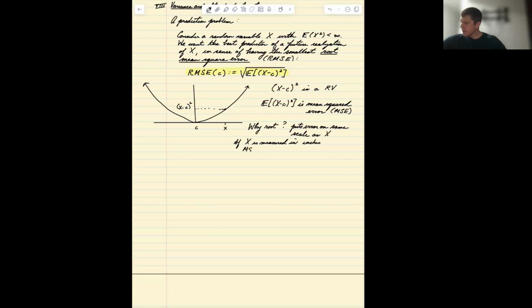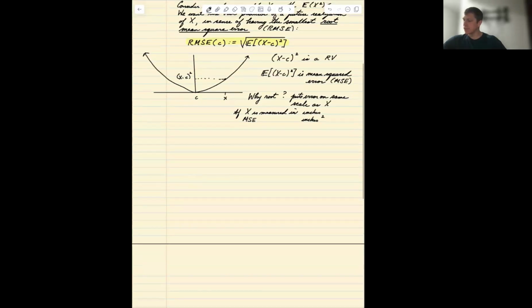Then the mean squared error is going to be in terms of inches squared, because the mean squared error is (X minus c) squared. It really depends on X through the square of X, and X is in inches, so X squared is inches squared. So the square root of the mean squared error is measured in the square root of inches squared, which is just inches.